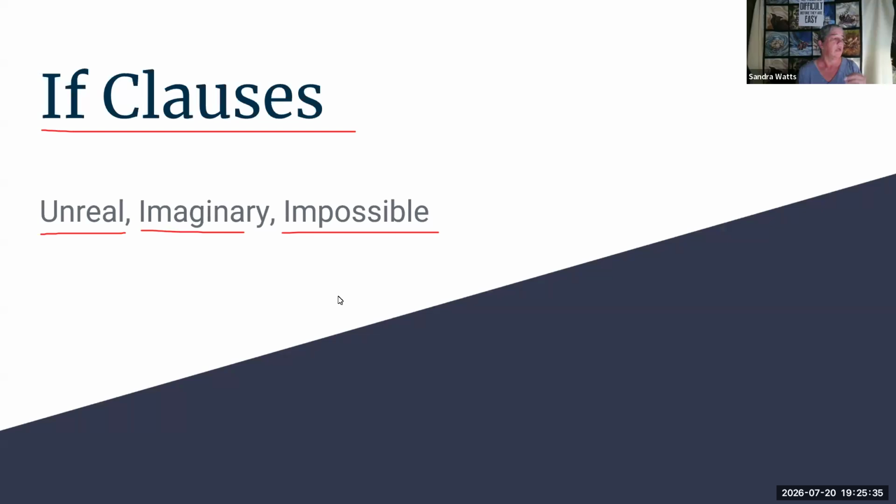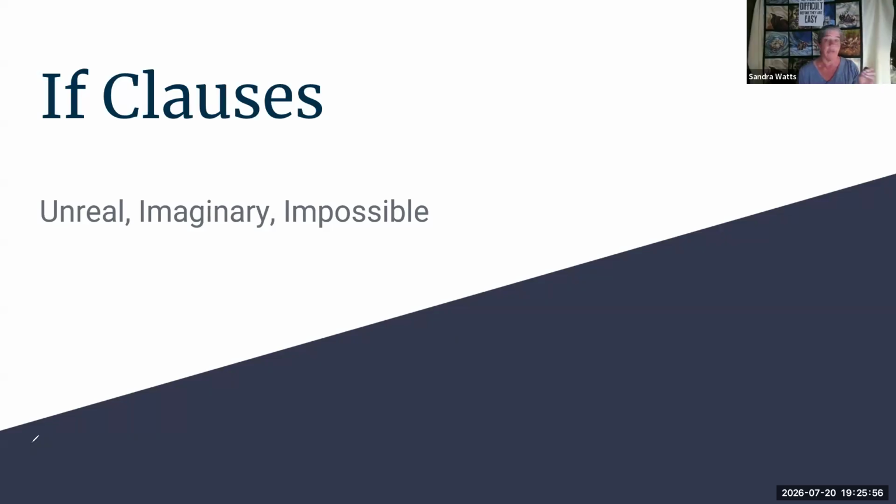Okay. So, different kind of if clause. You're going to see a lot of the rules are the same, but the grammar changes depending if it's true or not true, if it's possible or not possible.